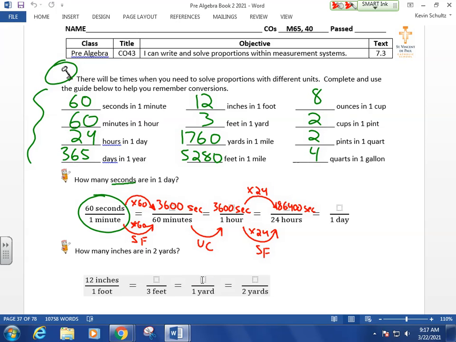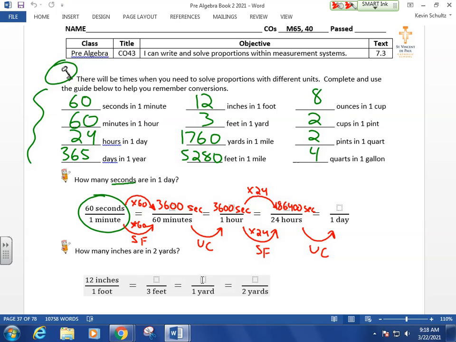And following our pattern here, we did scale factor, unit conversion, scale factor. What comes next? Unit conversion, which means does our numerator change? No, because we're just adjusting units.